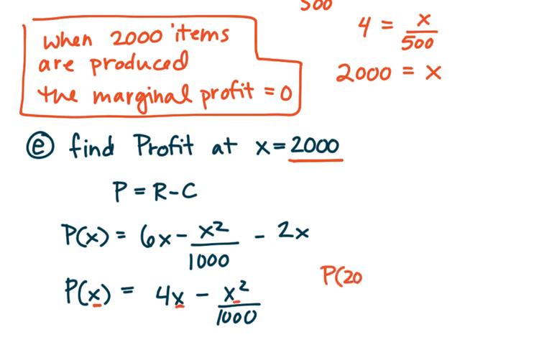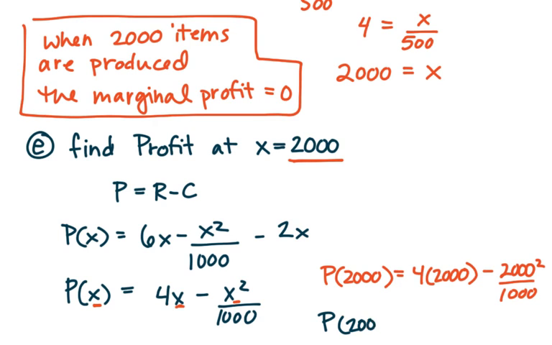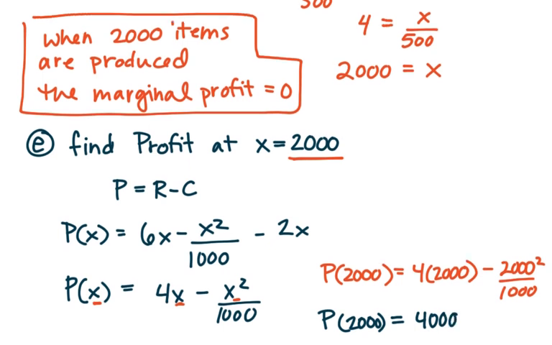So P of 2,000, my profit at 2,000 units, is 4 times 2,000 minus 2,000 squared over 1,000. And that value, P of 2,000, is going to equal 8,000 minus 4,000, which is 4,000.